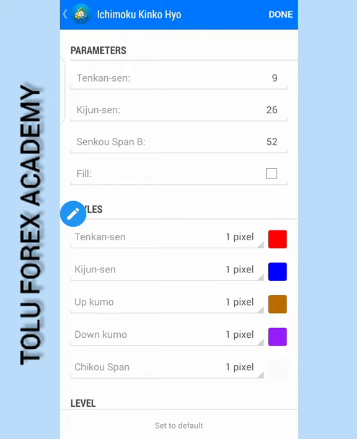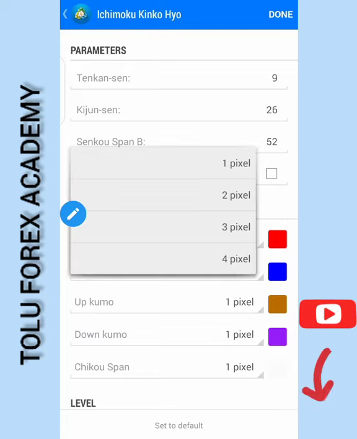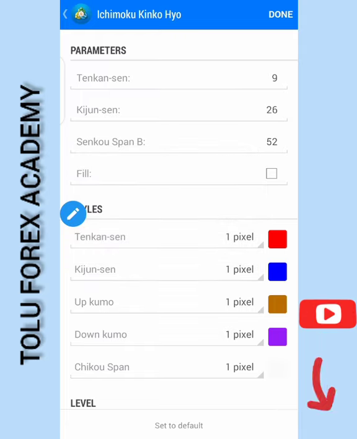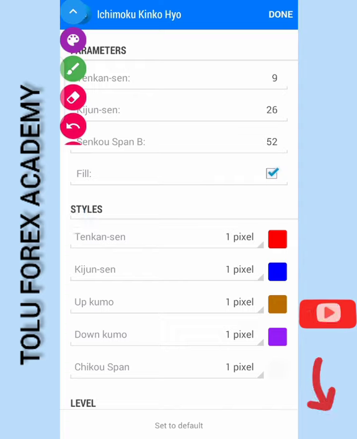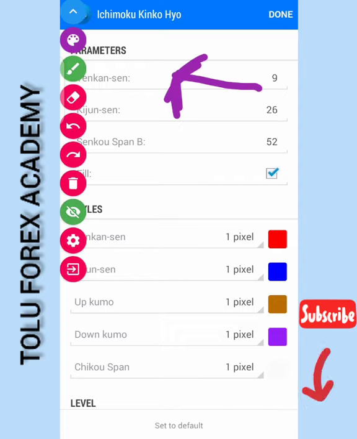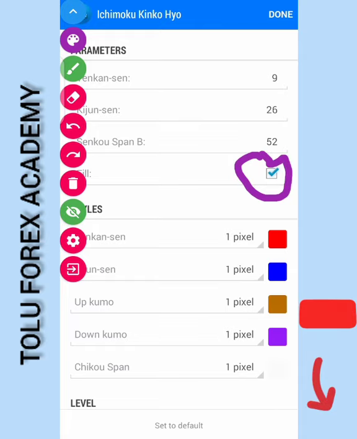Alright, so for the up Kumo, which is the cloud that shows it's going up, I want it all shaded. So I'll select fill here. I hope you can see what I've just selected, so that it's filled.